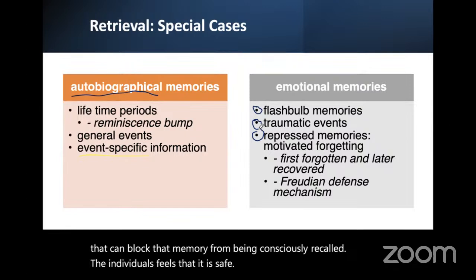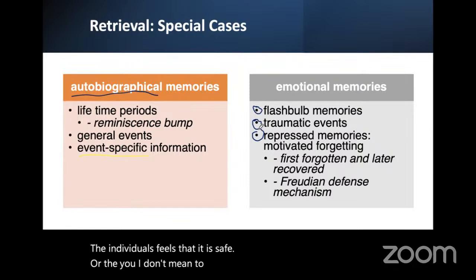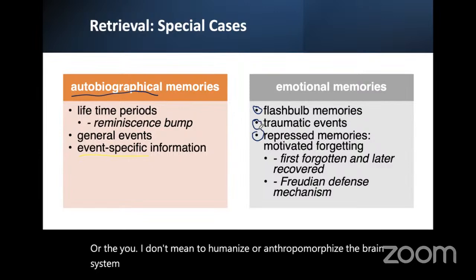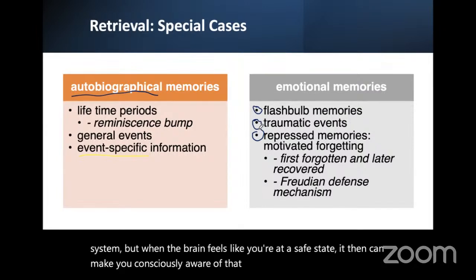I don't mean to anthropomorphize the brain system, but when the brain feels like you're in a safe state, it can then make you consciously aware of that memory, okay?